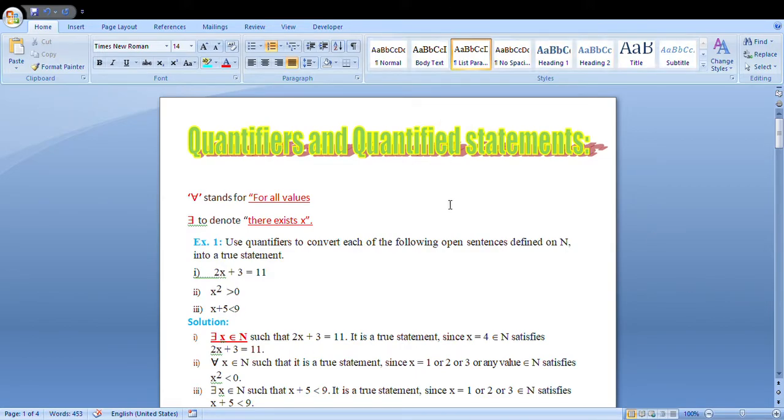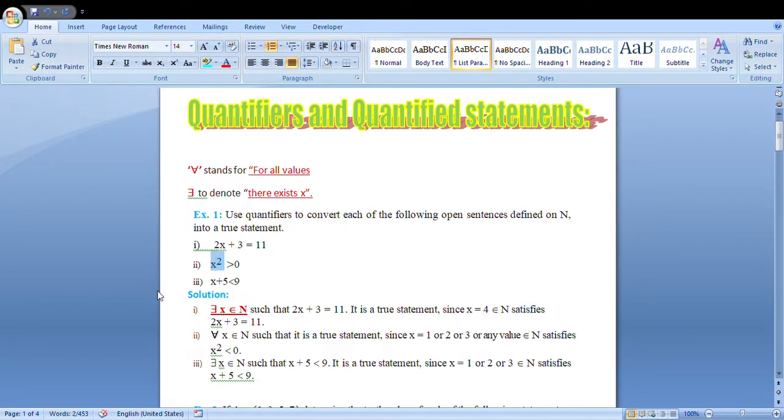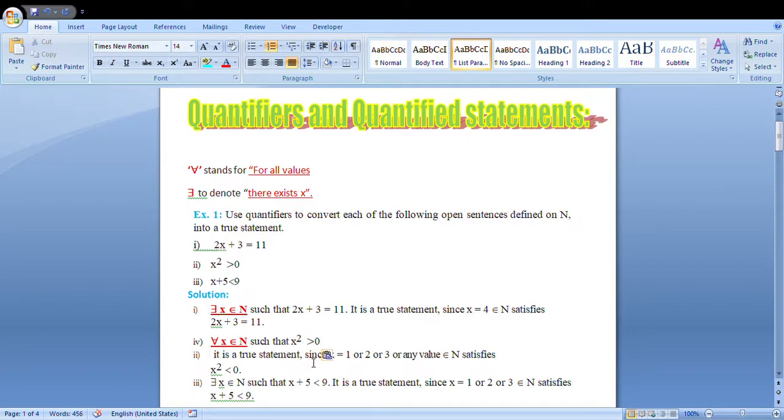We know that whether the number is positive or negative, the square is always positive, and that's why every x satisfies this condition, and therefore we write here for all x belongs to N such that the given line x square is greater than 0 is a true statement since you can take any value.